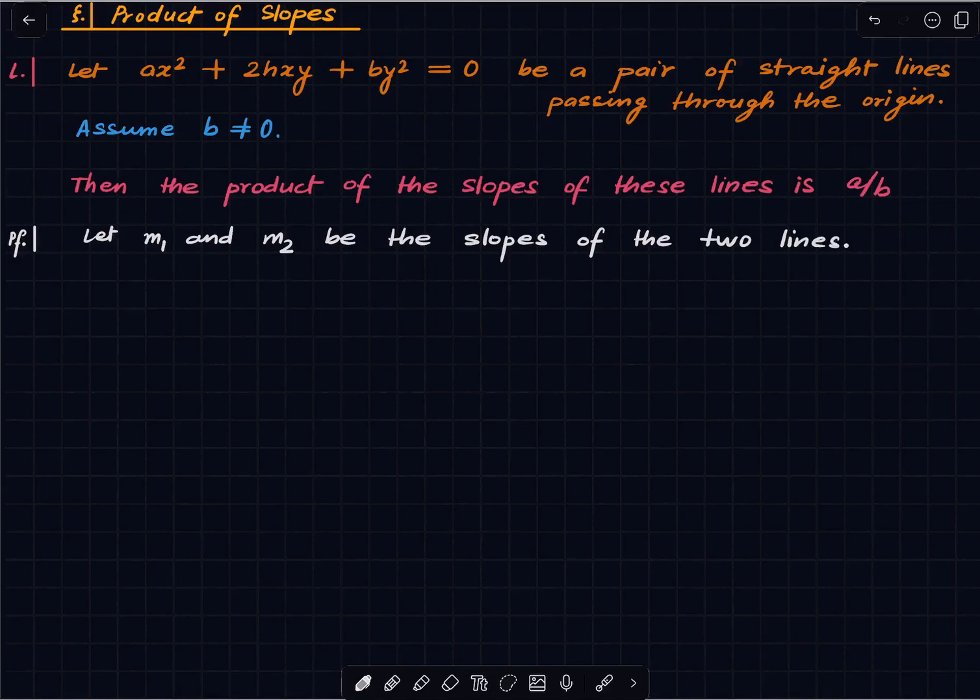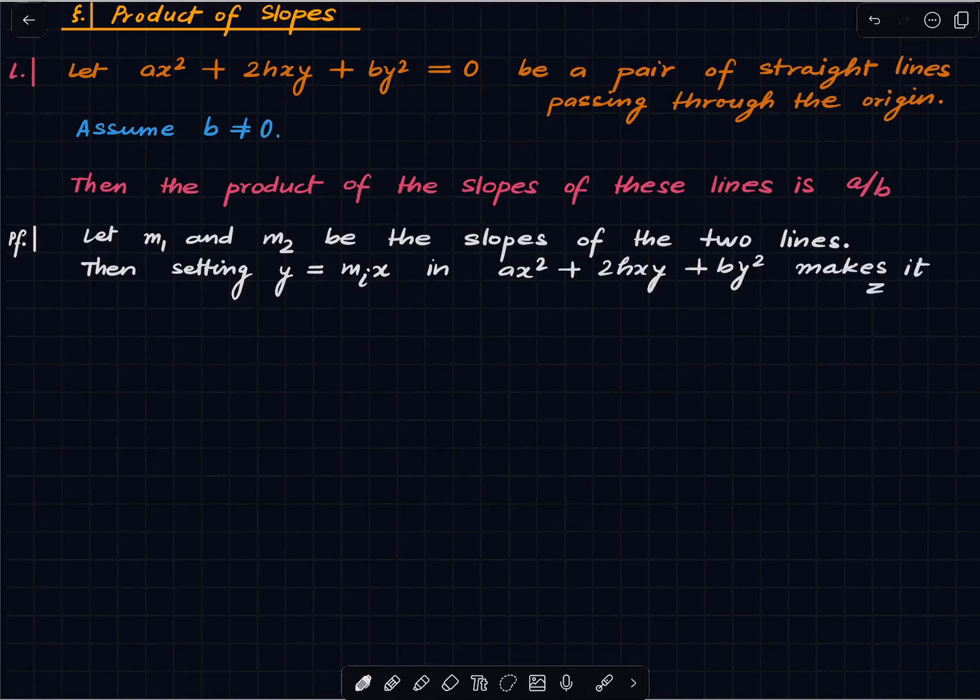Okay, so then again, as we saw in the previous proof, setting y equals m_i x in this expression makes it identically 0, where I write m_i x for both i equals 1 and i equals 2.